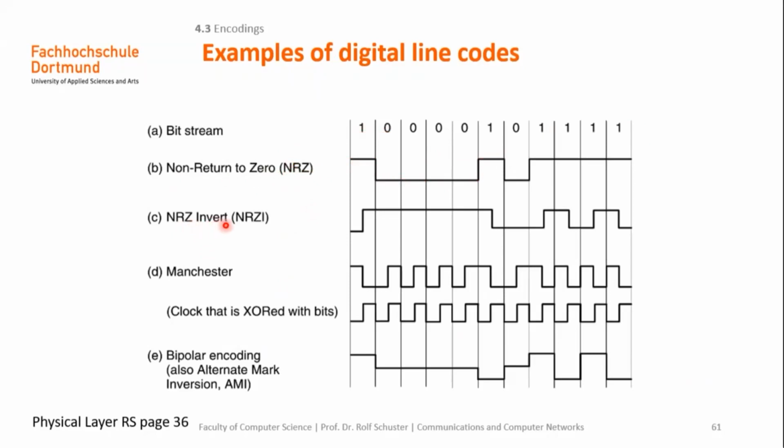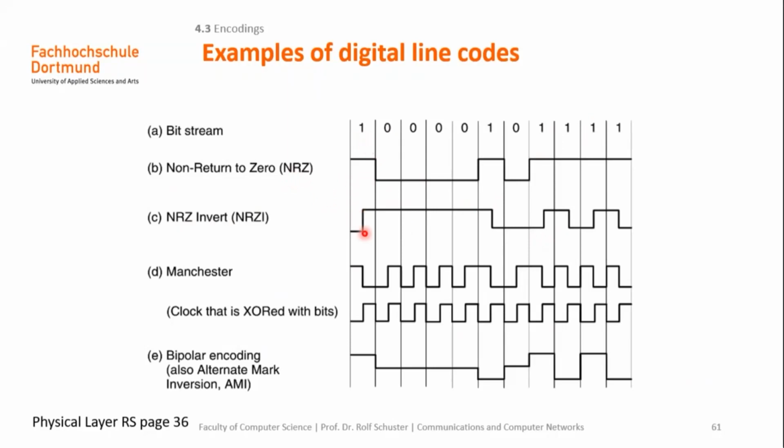We will see the detail, but typically when we need to transmit 1, we perform a change in the middle of the bit, and when we need to transmit 0, we don't perform the change of the voltage level, and in that way we could send this bit stream differently than, for instance, with NRZ.